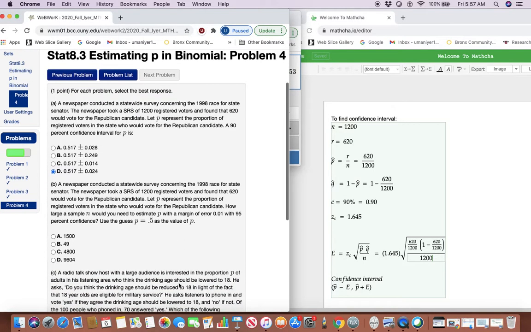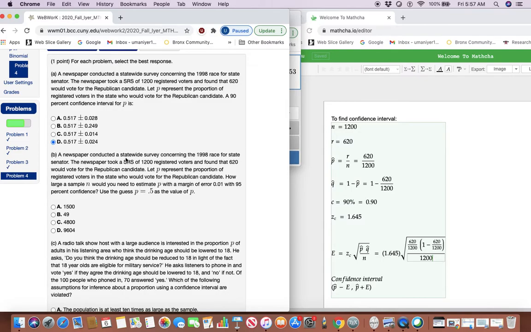All right. The next question. A newspaper conducted a statewide survey concerning the 1998 race. The newspaper took an SRS, again a survey of 1200, and found that 620 would vote for the Republican candidate. Let P represent the proportion of registered voters who would vote. It's the same setup as until now. How large a sample N would you need?